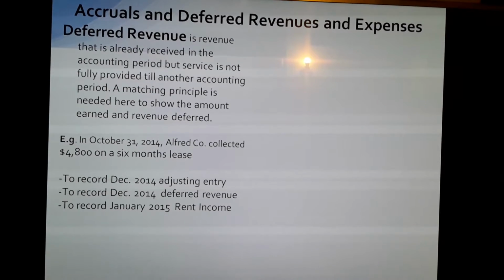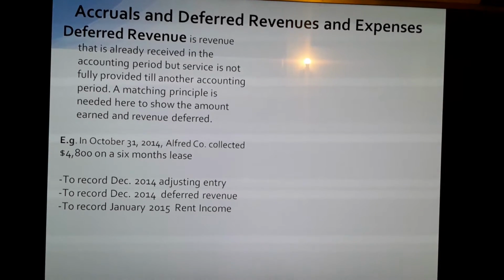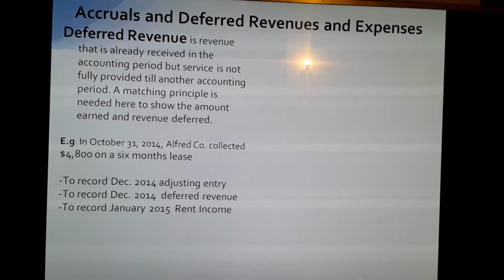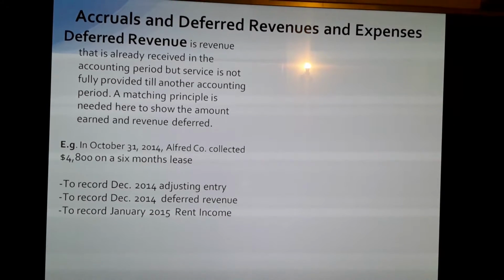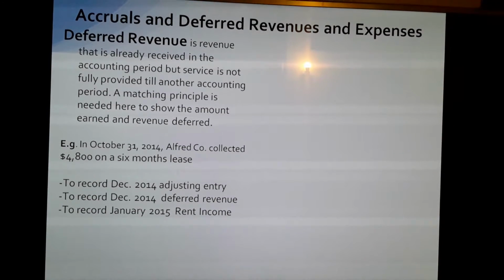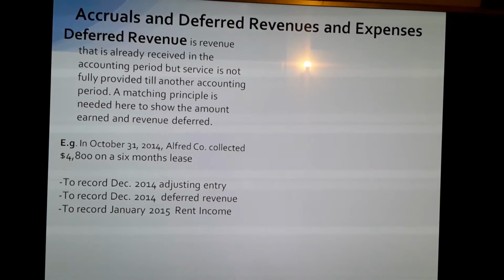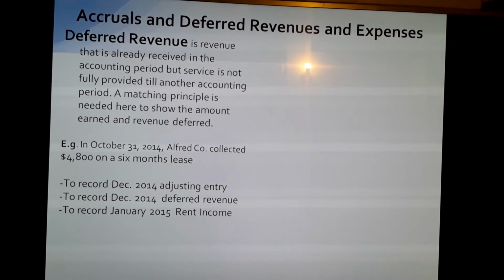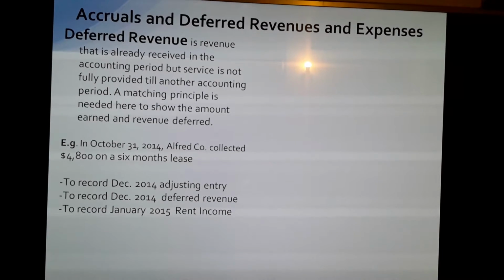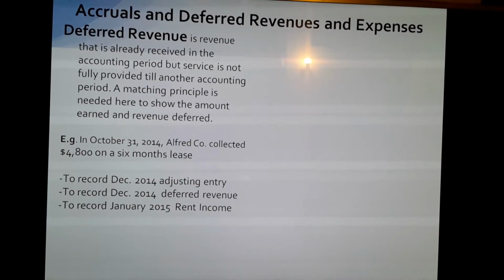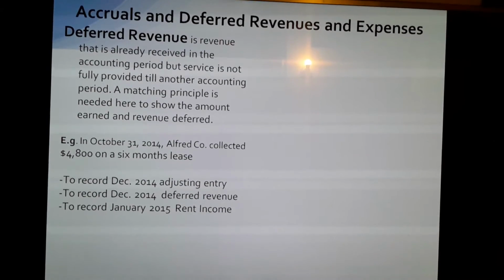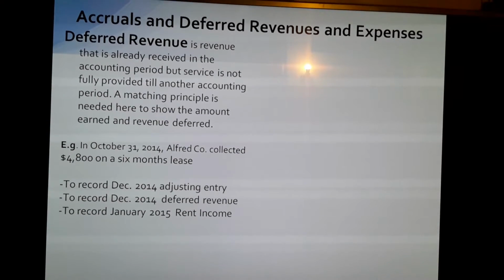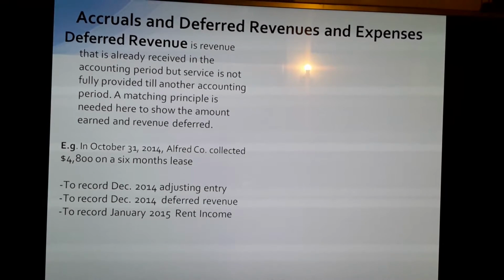So now is deferred revenues. We said deferred revenues is revenue that is already received in the accounting period, but the service is not fully provided until another accounting period. A matching principle is needed here to show the amount of revenues deferred.